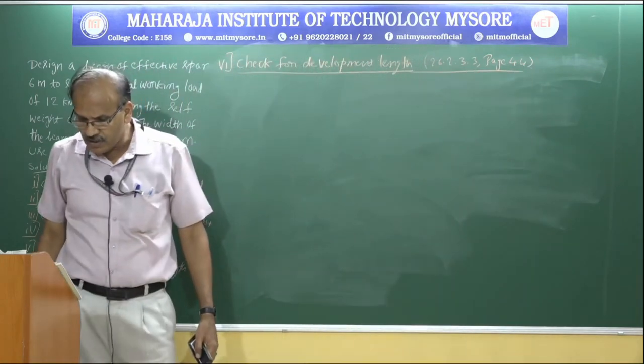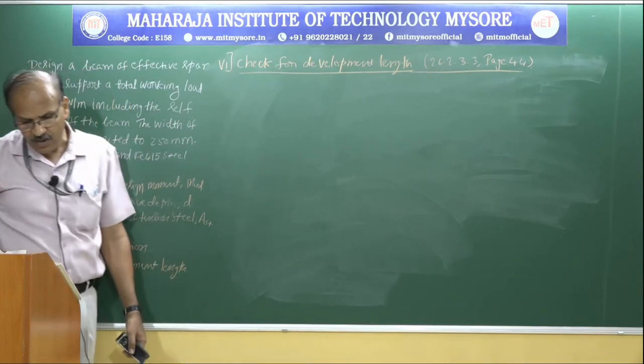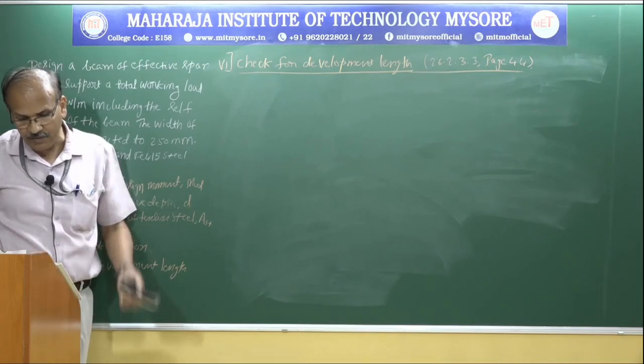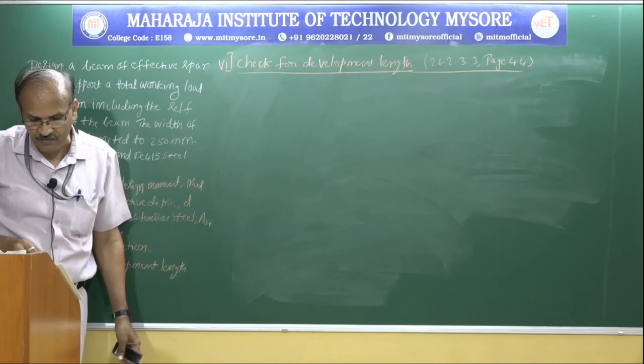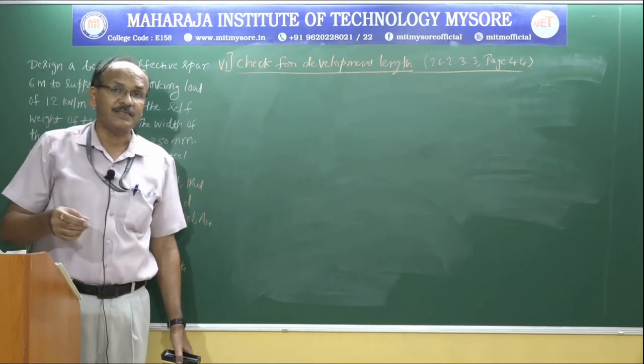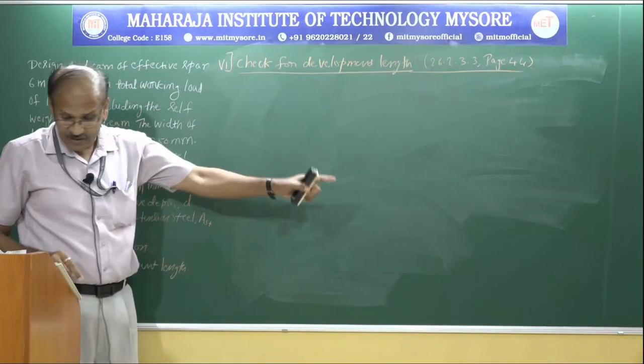It says at least one-third the positive moment reinforcement in simple members and one-fourth the positive moment reinforcement in continuous members shall extend along the same face of the member into the support to a length equal to LD by 3. I will explain what it is once I draw the figure.